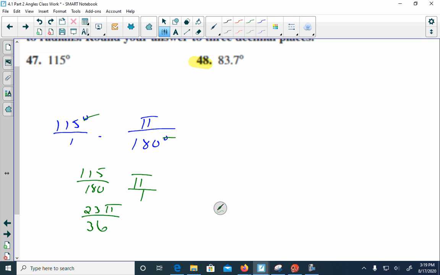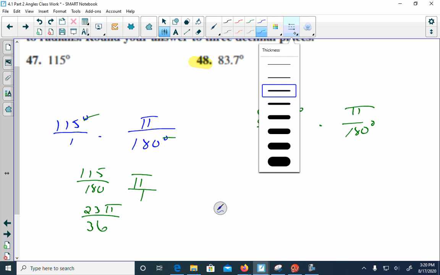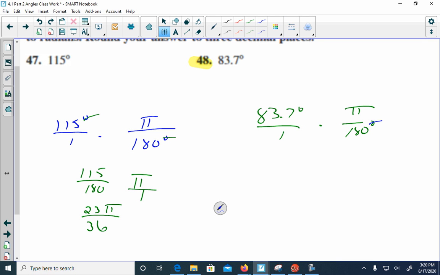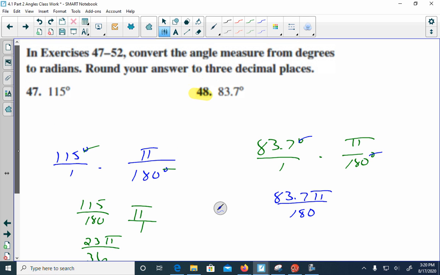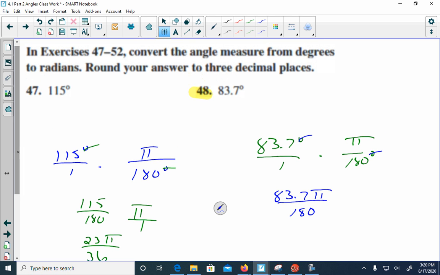If I had to do this one, 83.7 degrees, I'm going to just do this one to show you. 83.7 degrees over 1 times pi over 180 degrees. The degree symbols will simplify, and you end up with 83.7 pi over 180. Then it wants me to round my answer to 3 decimal places, which I didn't do on either one.